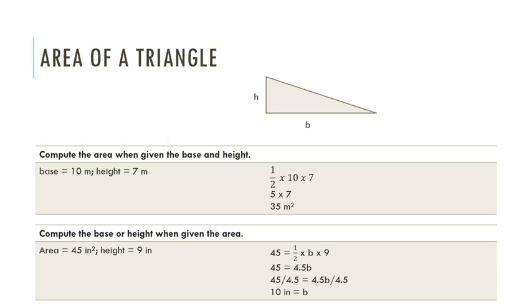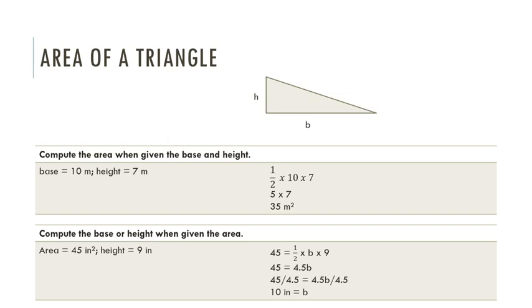For instance, you might see an equilateral style triangle that looks like this, where all 3 sides are the same. This would be your base. Your height might be marked in the middle like this, or you might see some extension lines, and then your height would be marked over here.